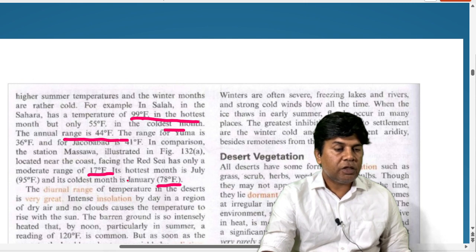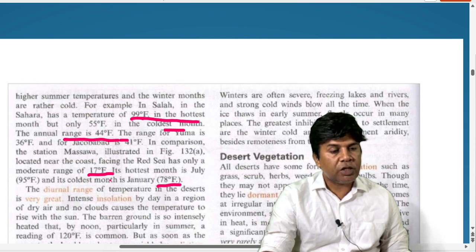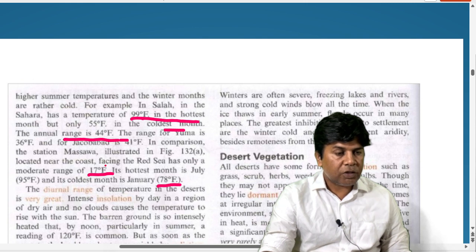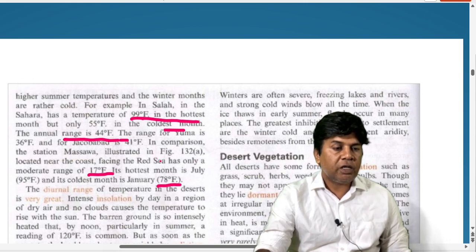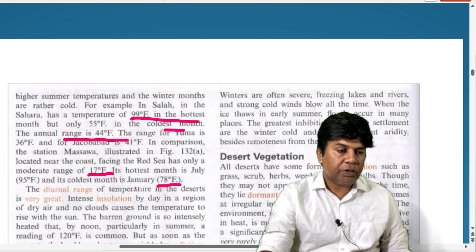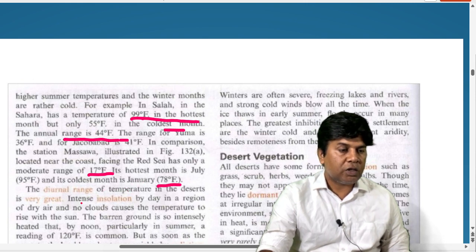That will have an impact on the adjacent coastal area, because the temperature of the coastal area will not be as extreme as that of areas situated in the interior part of the continent. That is why the annual temperature range of places situated on the coastal area will always be smaller.